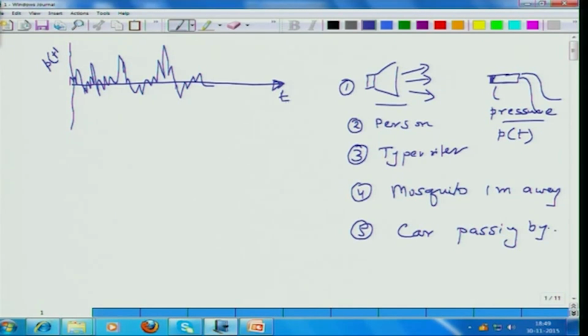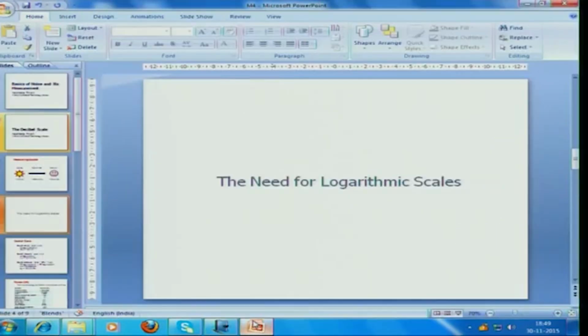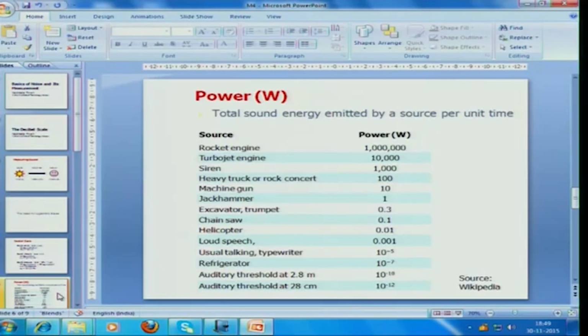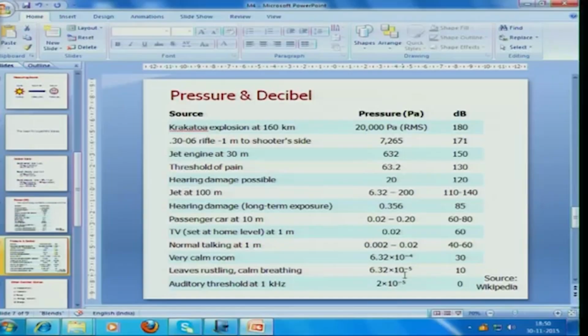In one of the earlier classes, we had seen the pressures generated by all these sources. For a mosquito it would be in this range, 20 micropascals. So I'm going to write it down, 20 micropascals.